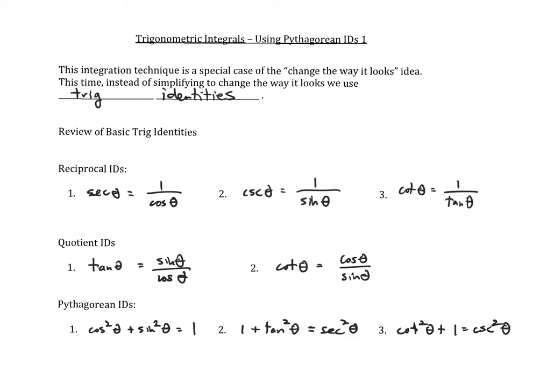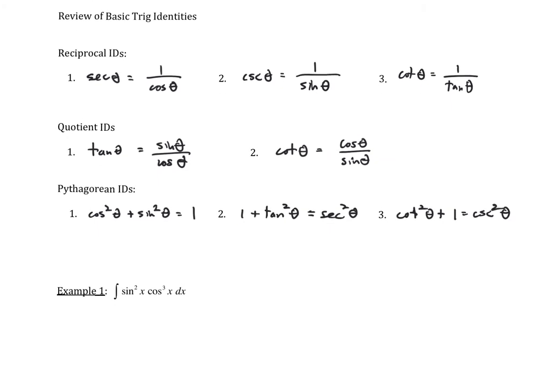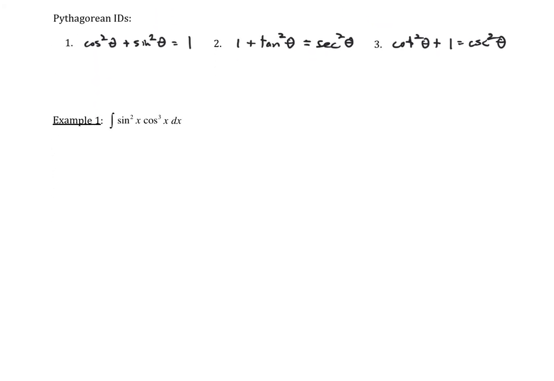All right. So let's look at an example and see how we can use these trig identities to really change the way the integral looks and then solve the integral.